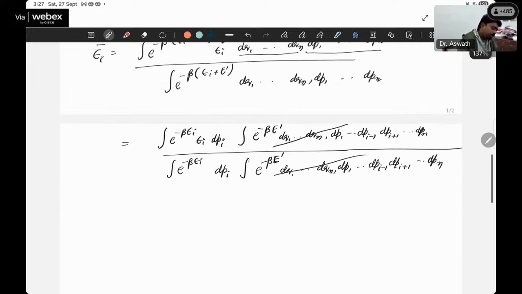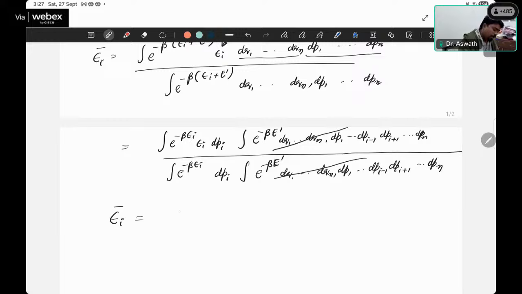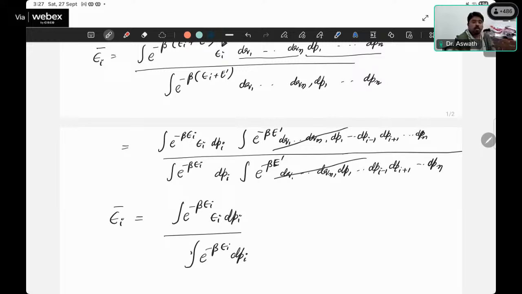The mean energy of E_i is the integral of E_i exponential minus beta E_i dp_i divided by the integral of exponential minus beta E_i dp_i. If you look carefully at this term, I can convert the numerator to minus the derivative with respect to beta of the integral of exponential minus beta E_i dp_i. Taking the derivative with respect to beta gives an extra E_i inside.